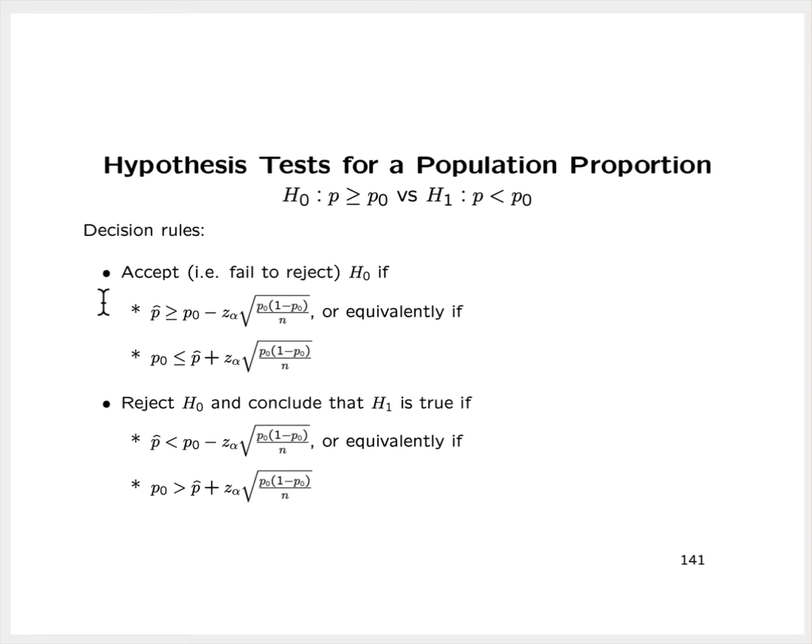So accept the null hypothesis, or in other words, fail to reject the null hypothesis at a significance level of alpha if p hat is greater than this critical point, and reject the null hypothesis at a significance level of alpha if p hat is less than that critical point.